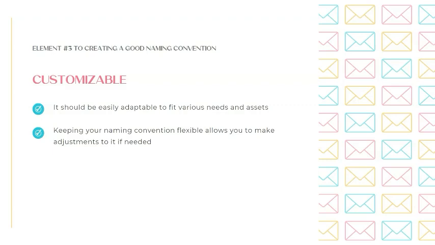By keeping your naming convention flexible, it allows you to make adjustments if needed or when needed, because business changes, you expand, you evolve, and the online world is constantly changing. So you want to keep these flexible, which is another reason why simple is better.